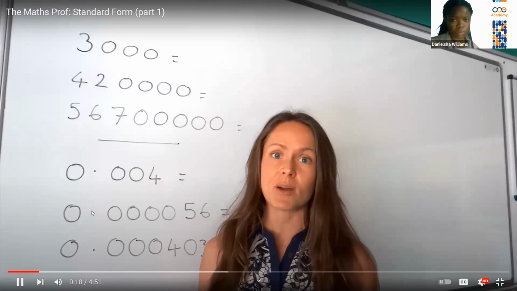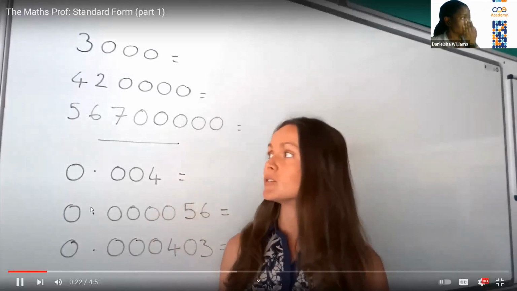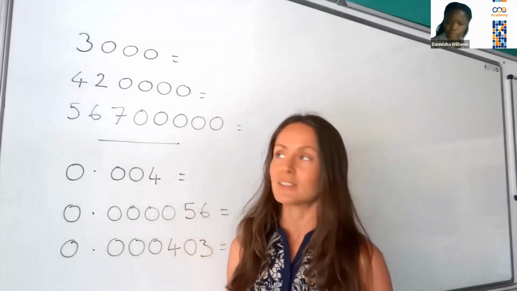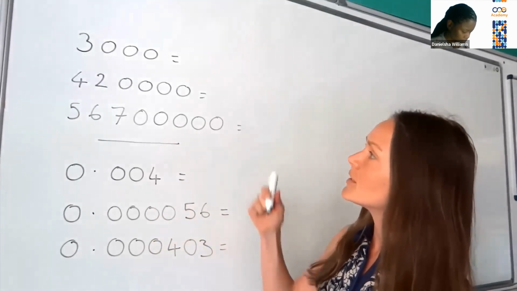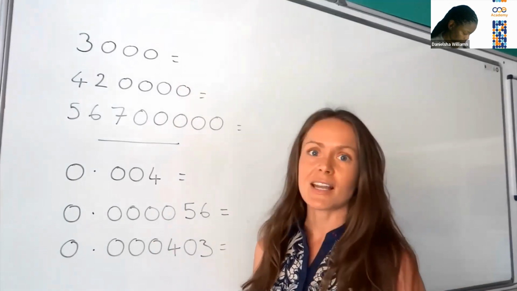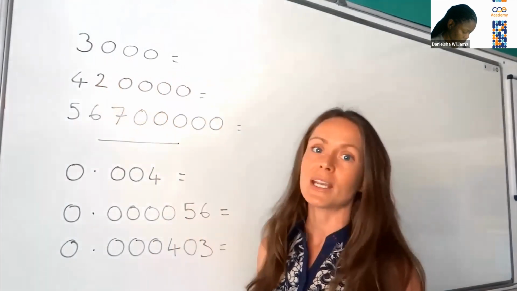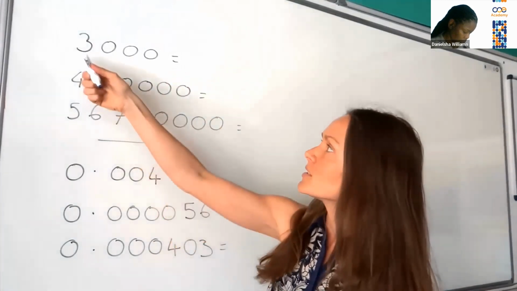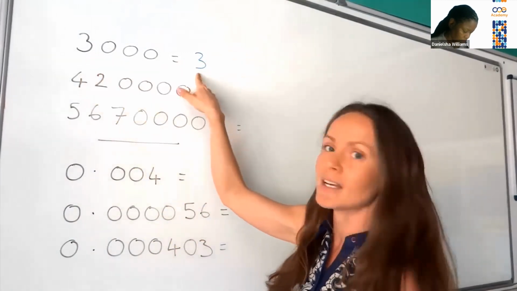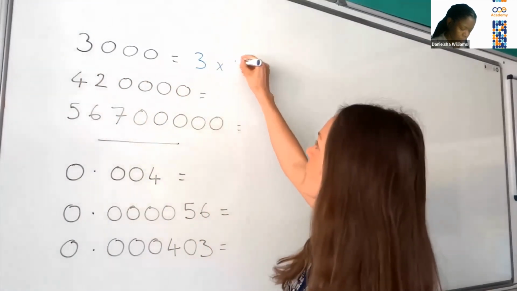Really big or really small numbers. Here I've got a few examples of really big and really small numbers, so I'm going to turn those into standard form, and afterwards I'm going to show you how to do it the other way around. So let's look at the first few. So these are three large numbers. When we turn these numbers into standard form, we need to first of all write the number so that it's in between 1 and 10. So in the first example, I'm going to write the number 3 because that number is between 1 and 10. Next, I have to write times 10.